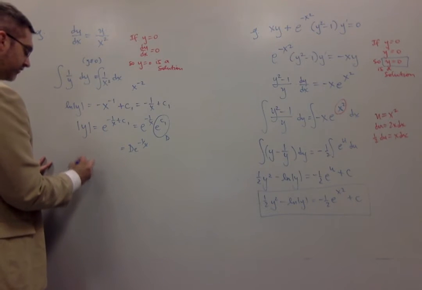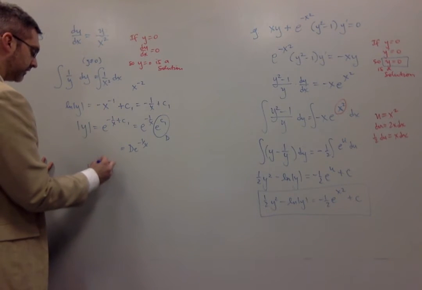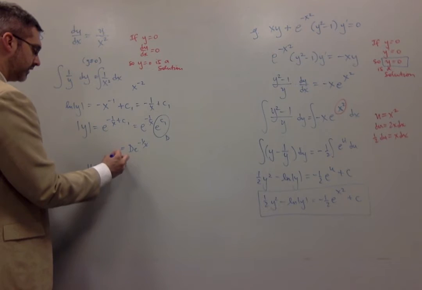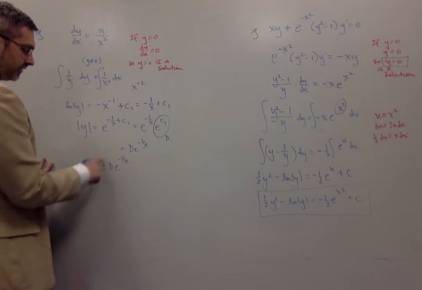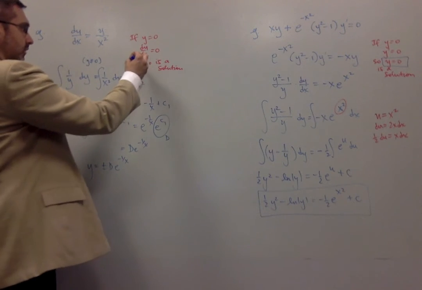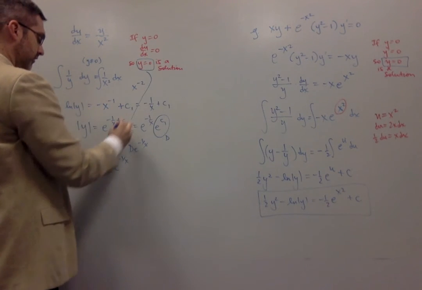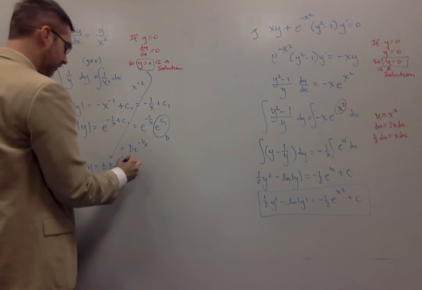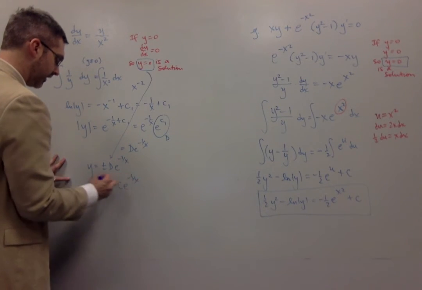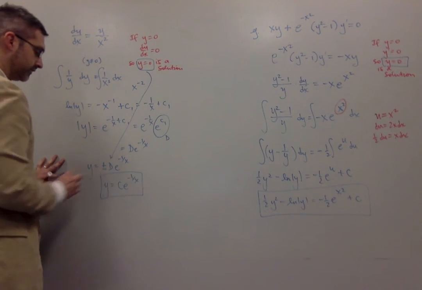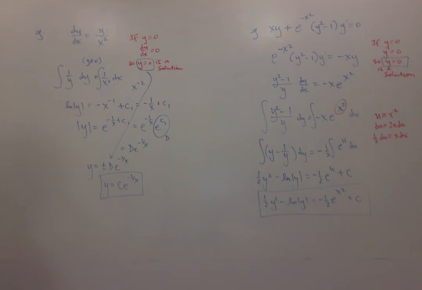And now if I drop my absolute value, I get plus or minus any positive constant. So this is any positive or negative constant, but y equals 0 is also a solution, which would be when d is 0. So I'm going to call this c e to the minus 1 over x. So that is my general solution for that differential equation.